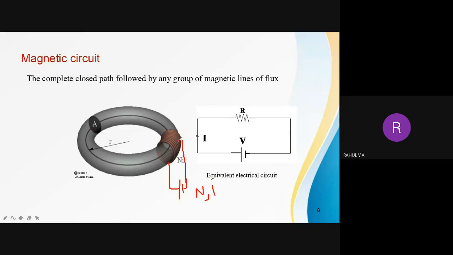I am connecting a battery source, a current source, to that winding, so flux will be generated. If this is the north pole and this is the south pole, as I said earlier, flux or magnetic lines of force will flow from north pole to south pole through this core.